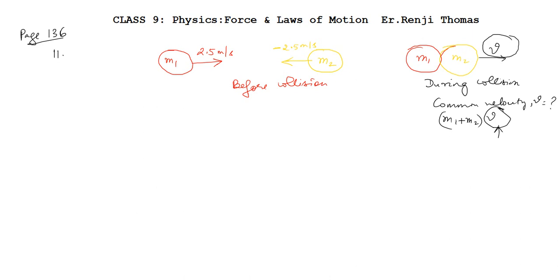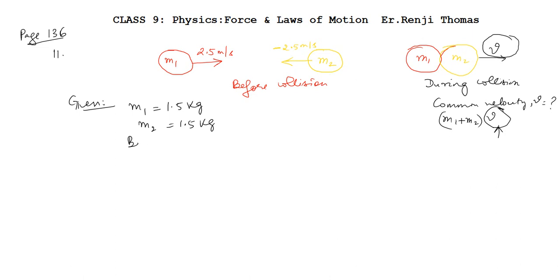Once again, no need to draw the figure and all. I'll just start doing it. First of all, write down the given. m1 is how much? All of you just see the question. m1 is 1.5 kg. m2 is once again 1.5 kg.